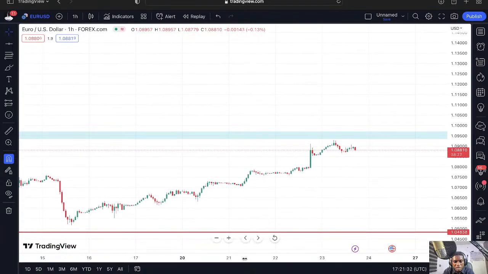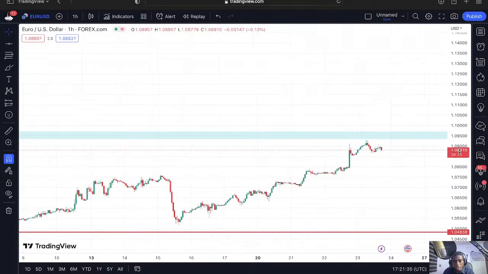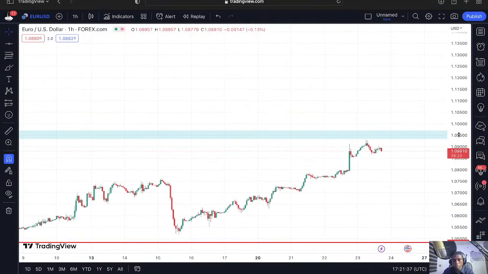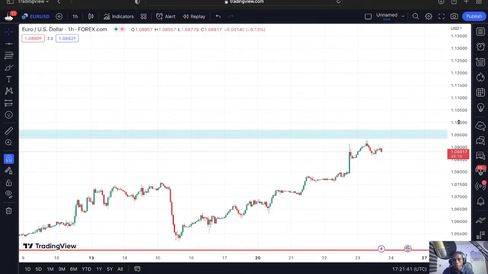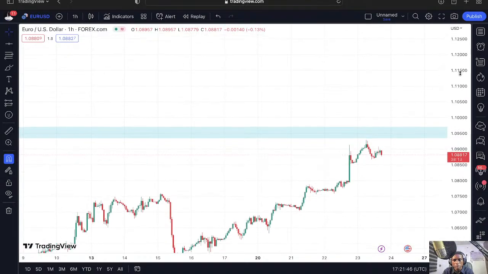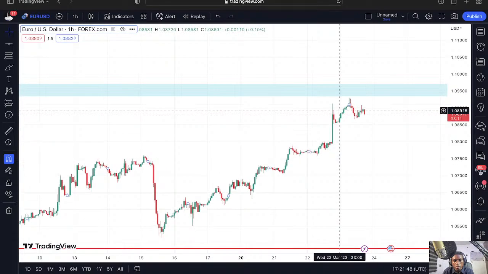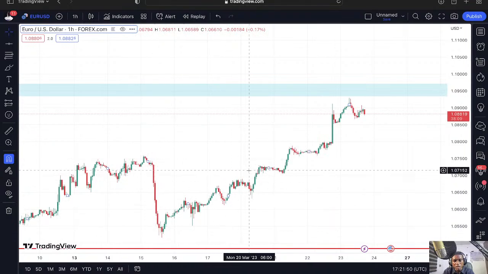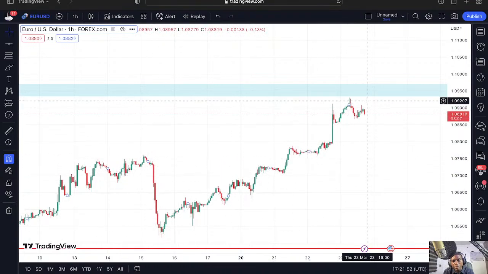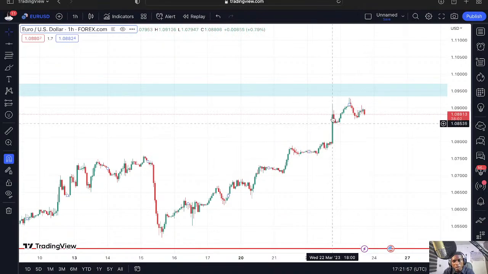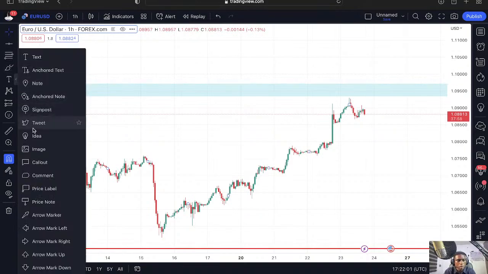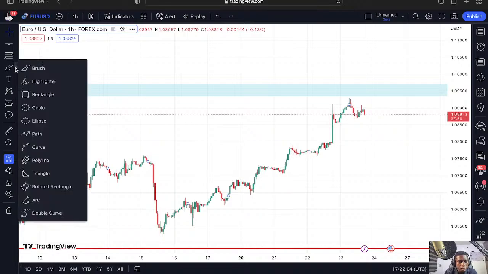So if you look closely at what is currently happening here, you will discover that, see how price has been moving on the 1 hour time frame. Price came here now and formed what? A bullish wedge flag. So I call it a bullish wedge flag.